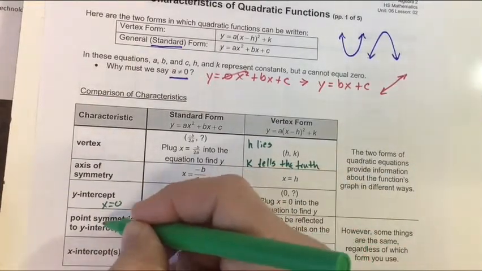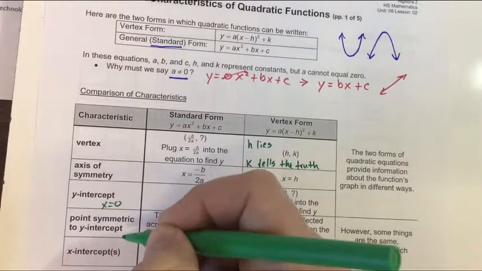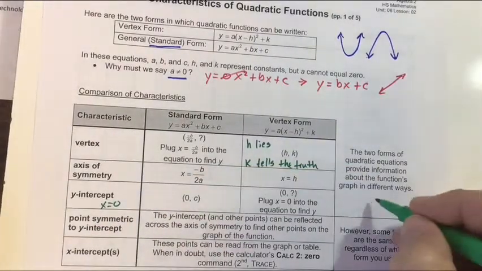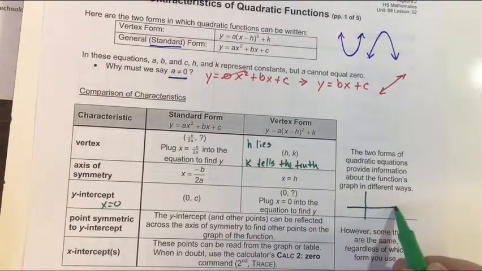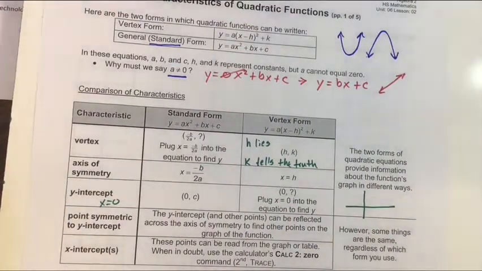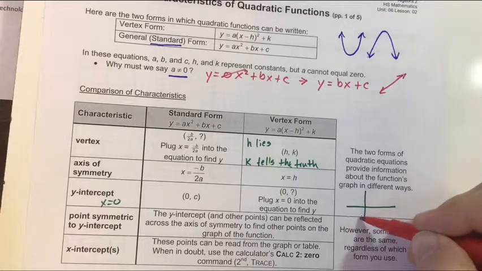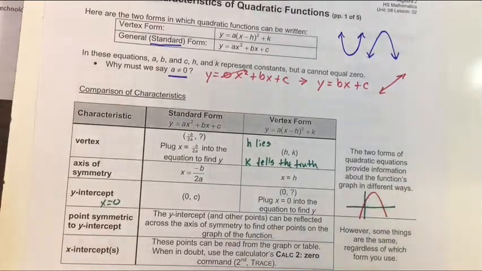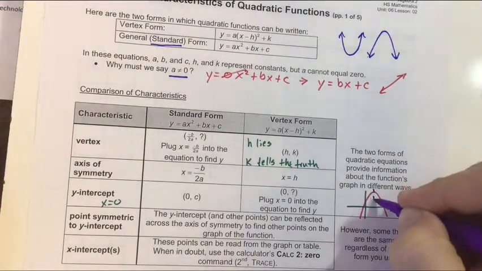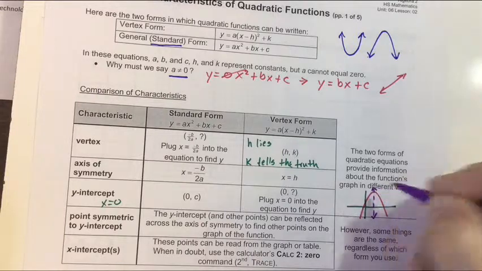The first is called a point symmetric to the y-intercept. Here's what that really means. If I've got my y-axis and my x-axis like this, and I've got a parabola that goes like this, you would have an axis of symmetry there.